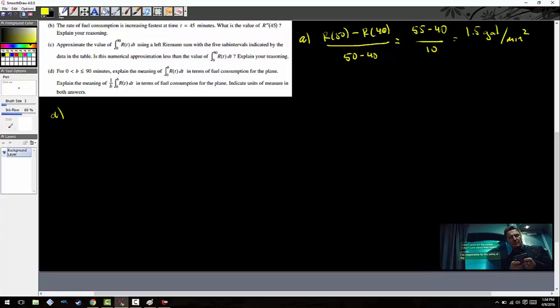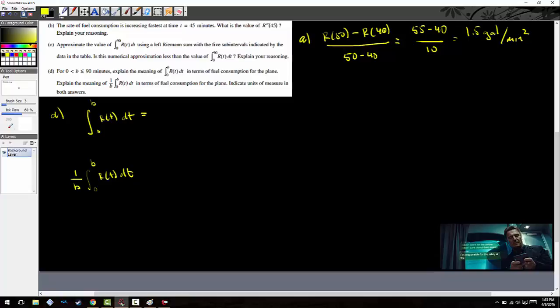explain the meaning of the integral from 0 to B of r of t dt, and then explain 1 over B times the integral from 0 to B of r of t dt. Well, r of t is the rate of fuel consumption.